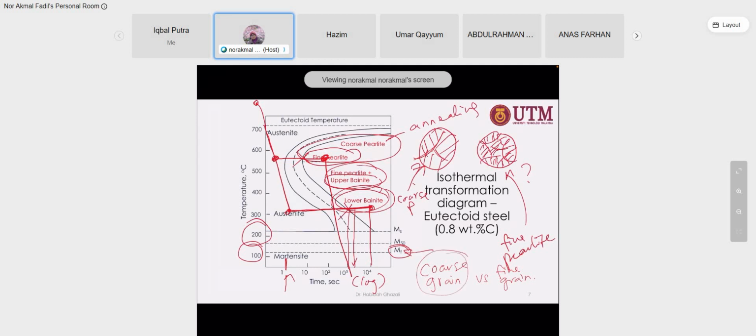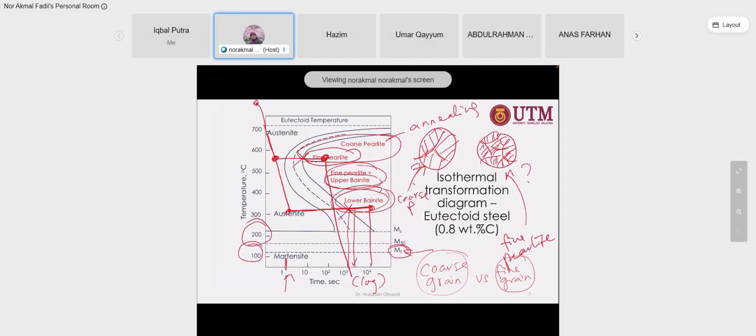So if we guess the mechanical properties between these two, what mechanical properties are different between these two? Okay, just now you mentioned ductility. Okay, which one is more ductile? Coarse. Coarse, yes. So coarse pearlite is softer than fine pearlite.